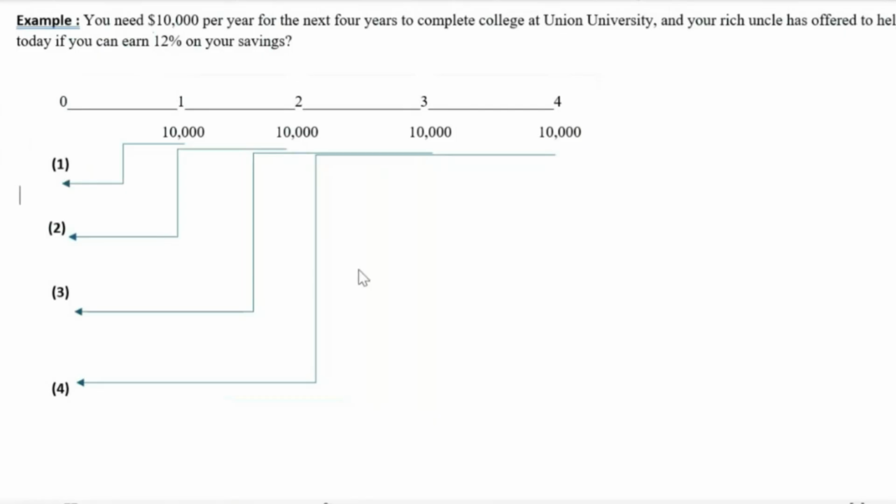You need to find the present value of next year's $10,000, right? So you can use the formula 1 divided by 1.12. Is that right? Let me do this first one.